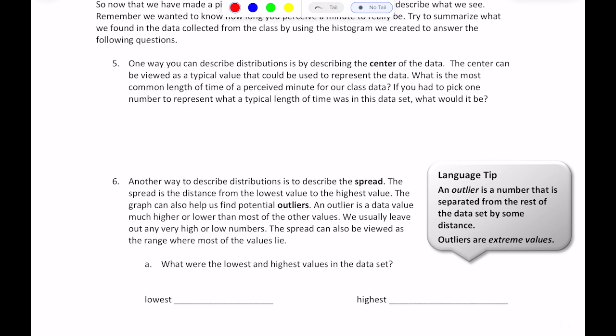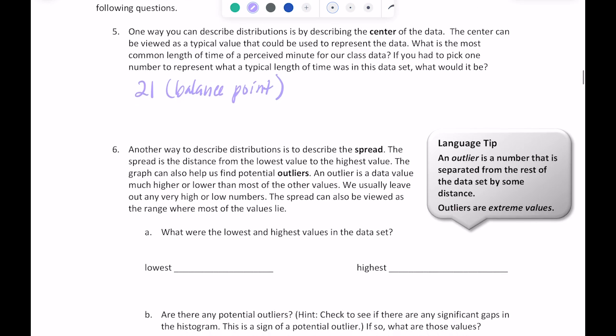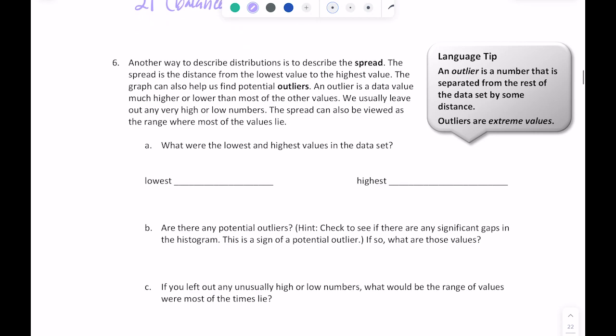So to me, 21 is the most common length of time perceived here. And again, this data is made up. So 21, and it's more like the balance point. If you were to balance that graph with your finger, it would be about 21 right in the center there.